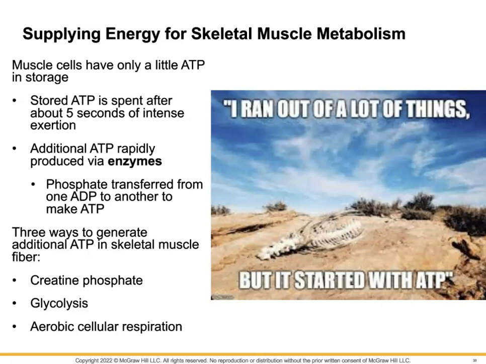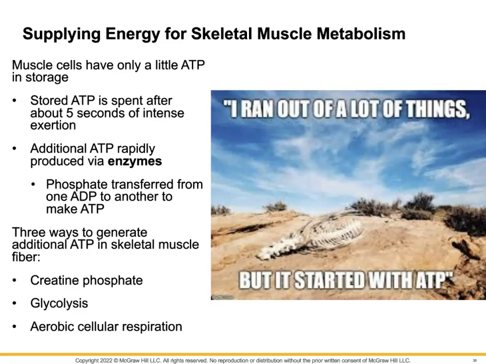As we start looking at how we get the ATP that we need for muscle contraction, let's talk again about the role of ATP. From what we have discussed already, you should realize there are 3 important roles for ATP in muscle contraction. Let's think back to that cross bridge. In order for the myosin head to get into the cocked position, it has to hydrolyze or break down 1 ATP.